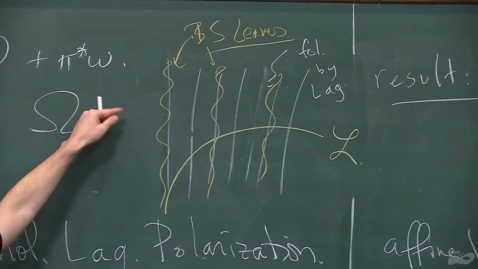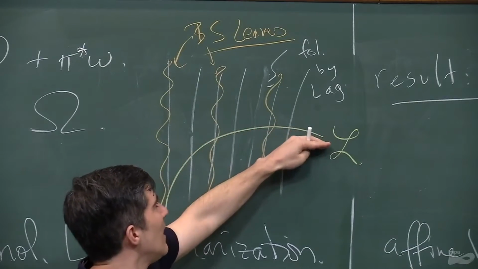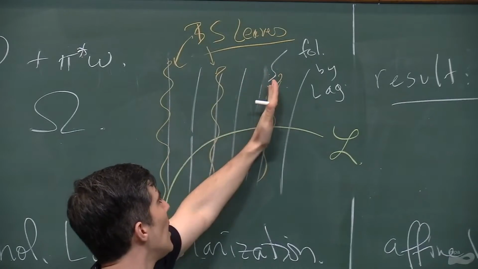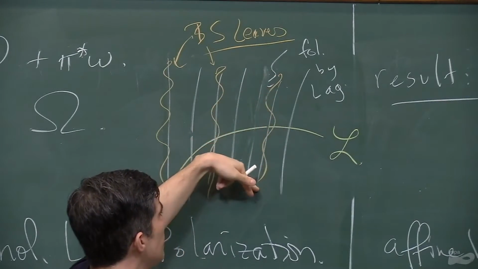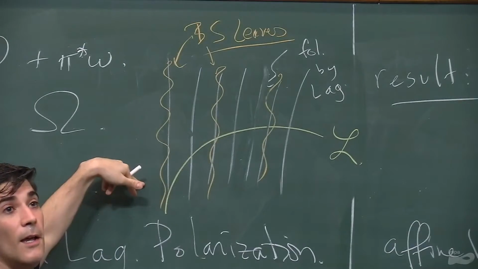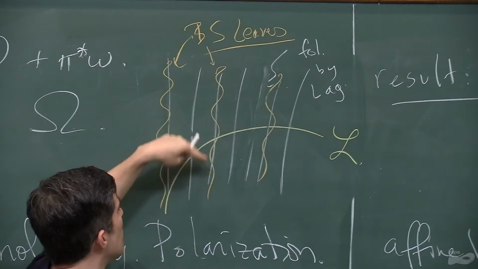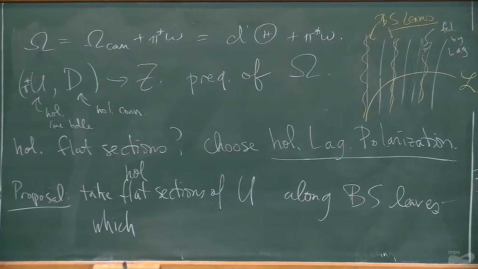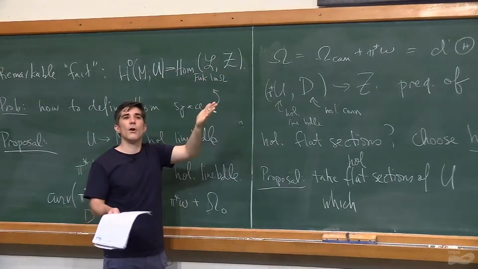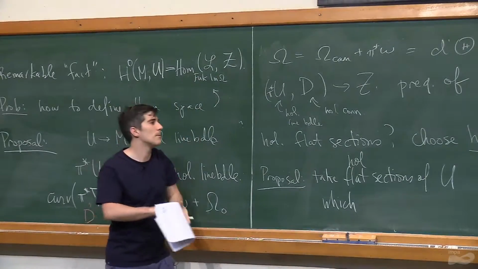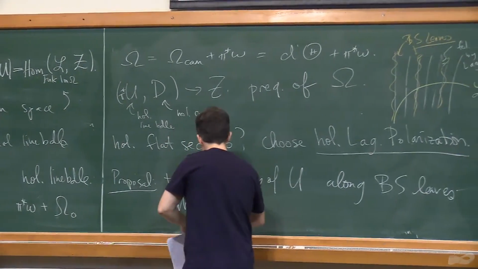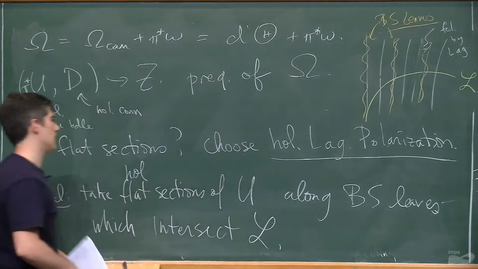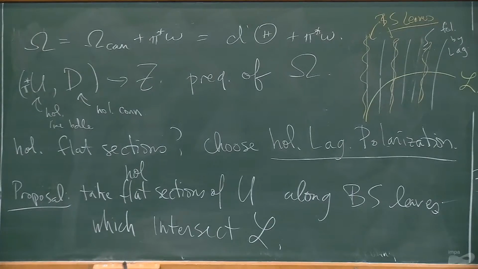In order to compute the homomorphisms between L and Z, what I would like to do is take sections of the pre-quantum line bundle along this Bohr-Sommerfeld leaf, but not this one, because I only want to consider the Bohr-Sommerfeld leaves that actually intersect L. Why? Because in the Fukaya category, when you take Homs, you always are computing intersections of Lagrangians. Okay? So which intersect L. And that's the proposal.